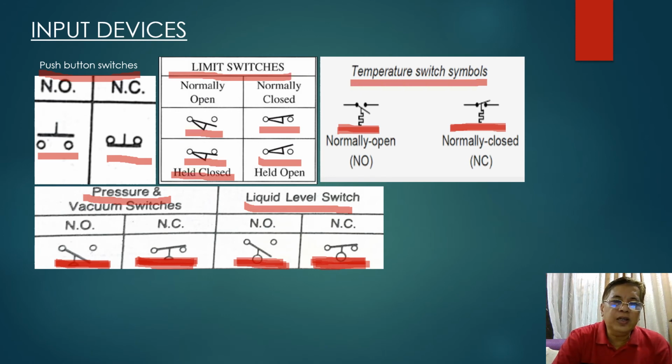And we know that these input devices, once we interpret them in PLC, the normally open switches are represented by a normally open contact, and the normally closed switches are represented by a normally closed contact.